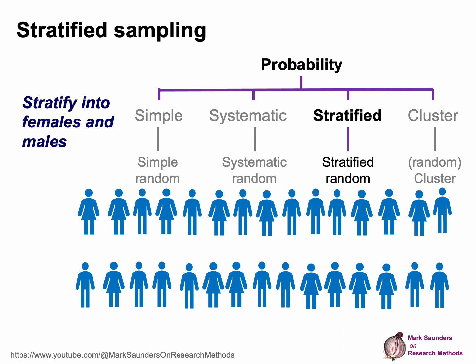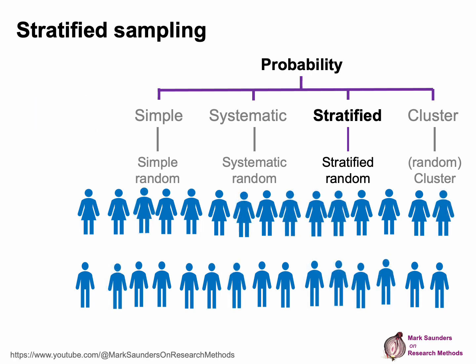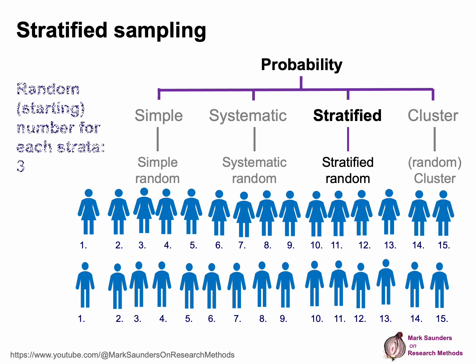And here what we've done is divide it into 2 strata based on gender, and we have males and females. Once we've got our 2 strata, we need to number within each strata separately. And then we need to select our sample either using random sampling or systematic sampling. In this case, for this example, we're going to use systematic sampling.